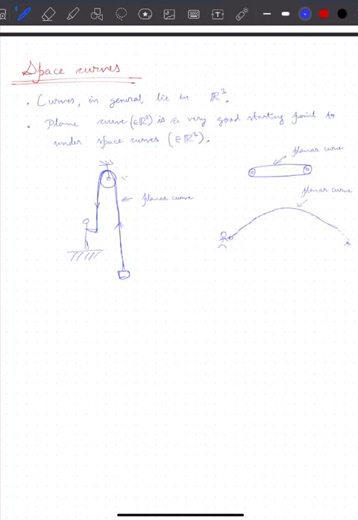So in all these cases, gamma vector was a function of the arc length parameter S. This was the arc length parameter in this case as well. In this case, gamma vector happens to be a function of t, and t is time.